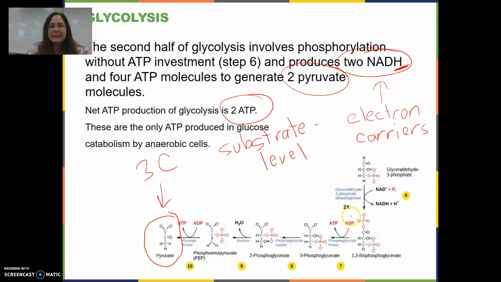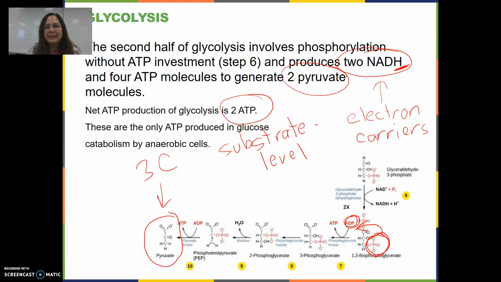Okay, so if you look at step 7, ADP, adenosine diphosphate, needs a phosphate to become ATP. So it obtains that phosphate by removing it. This is where that phosphate comes from that is added to ADP to produce ATP.